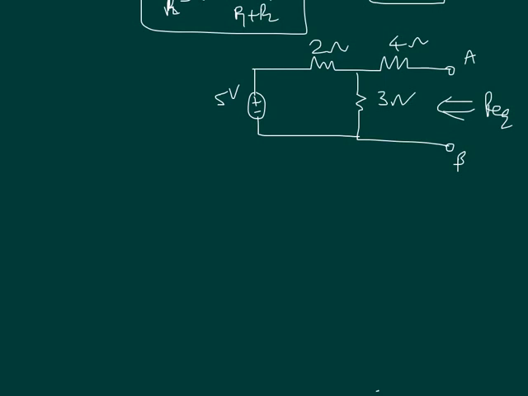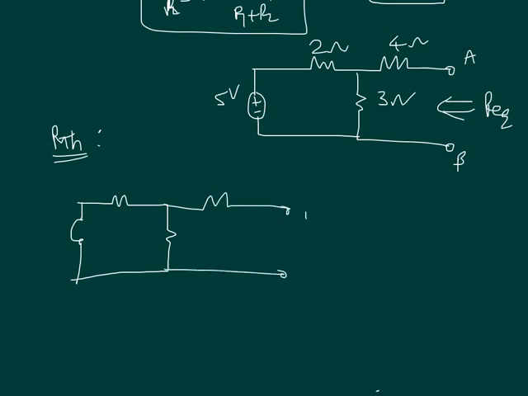But before calculating it, we have to replace the independent sources with their internal resistance. The internal resistance of the 5 volt source is that of a voltage source, that's why it is short circuit. So our network will become like this, with a short circuit. This is A, this is B. We have to calculate the equivalent resistance between these terminals, with 4 ohms, 2 ohms, 3 ohms.